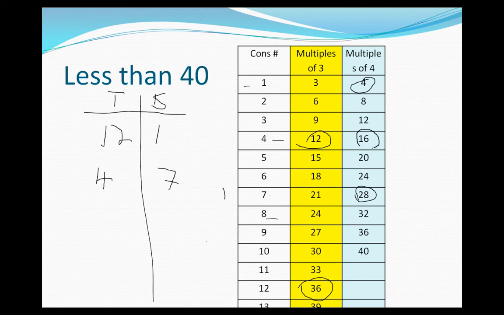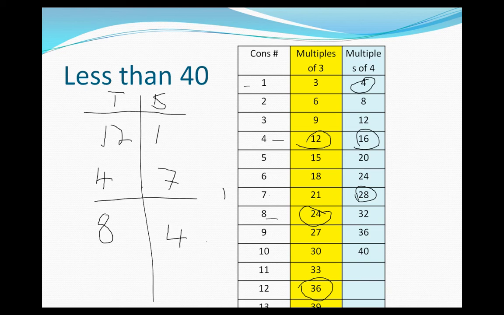So we found one more. 24 and 16. When the multiple is 24, the triangle count is 8, and 16 gives 4 squares. So when the triangles are 8, the squares are 4.